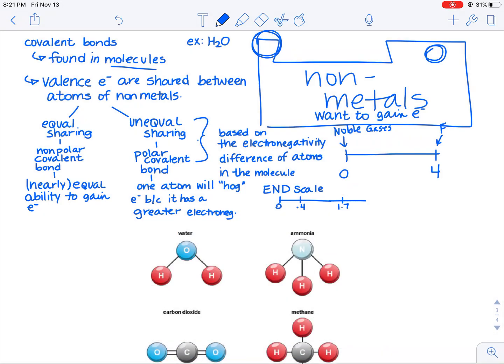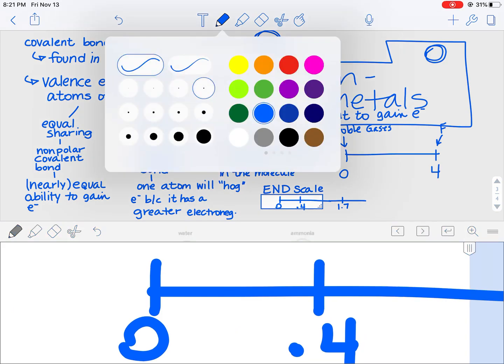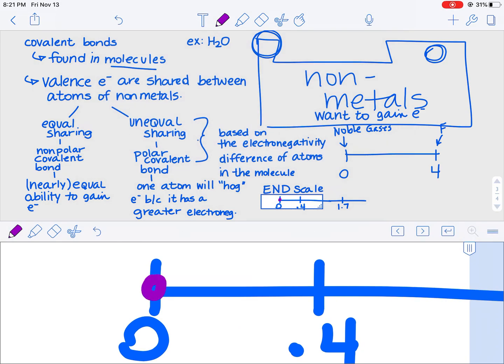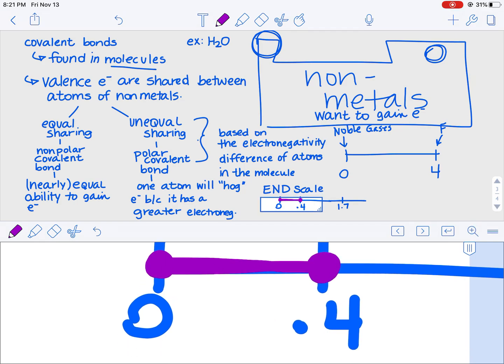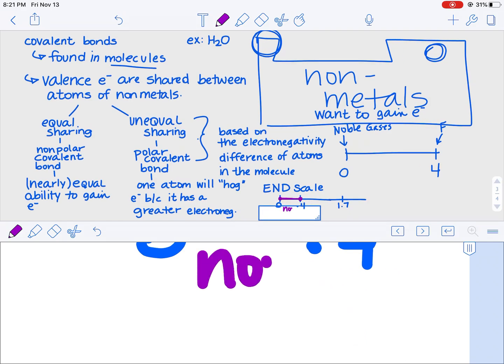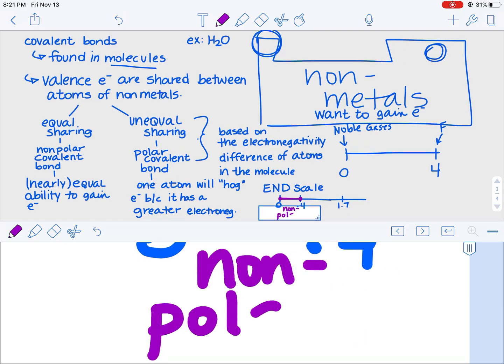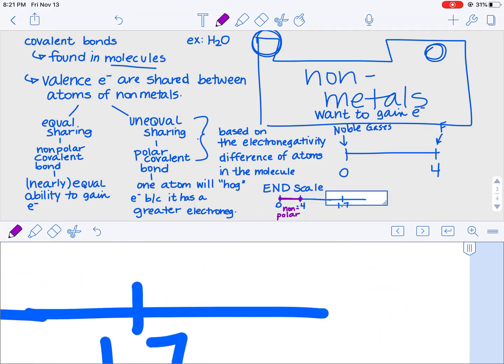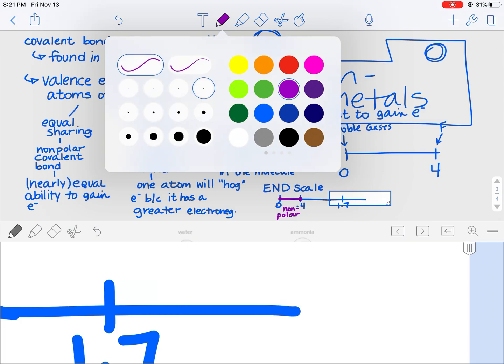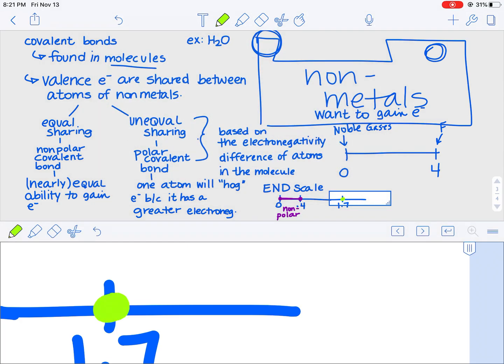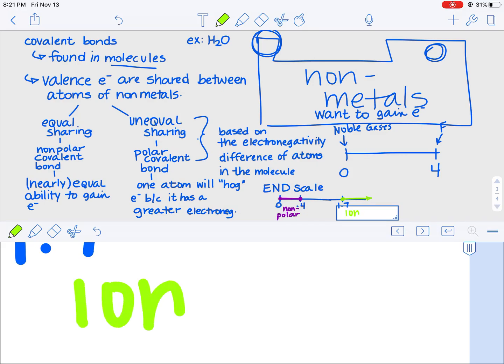But in any event, if you are within the range of equal to 0 to 0.4, that's going to be your nonpolar covalent bond. If you are equal to or greater than 1.7, that's going to be an ionic bond.